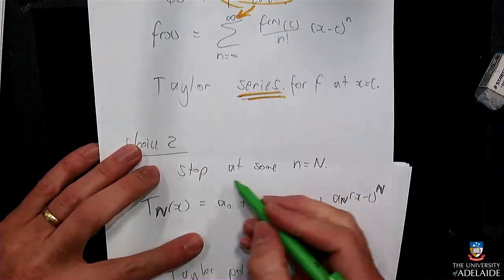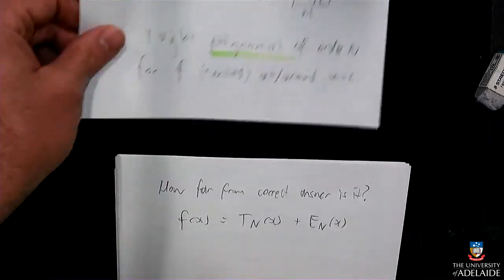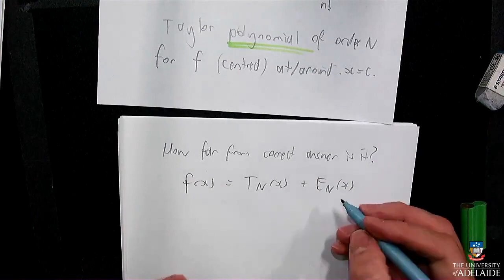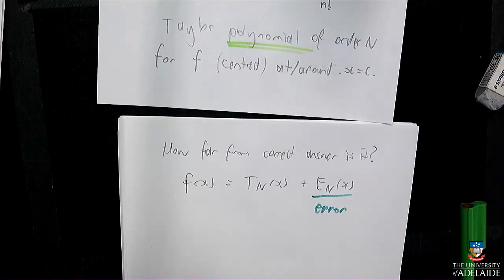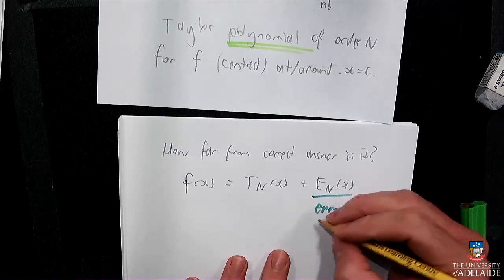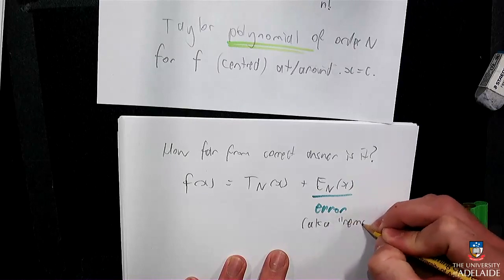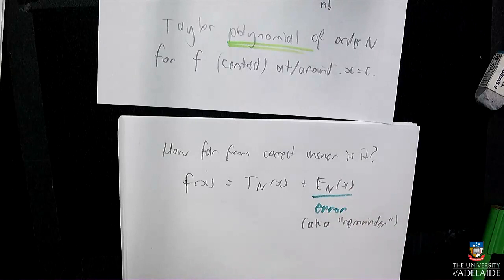Okay, so we stop, and that means it's a Taylor polynomial, just by the way. So this is the error. But just so you know, some resources, for example, the old Maths Learning Centre resources on the website, will call it the remainder. Because it's the bit that remains when you take off Tn. Okay.